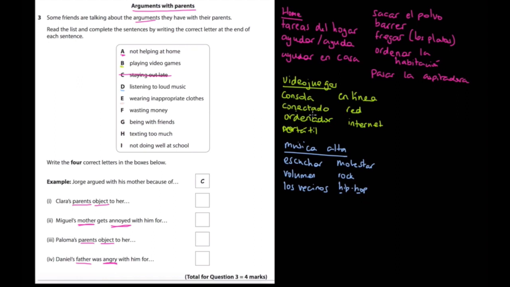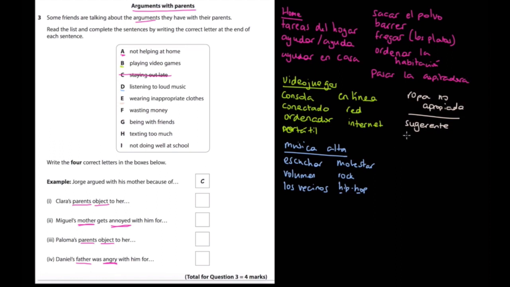How would we say that in Spanish? We might hear the word ropa. We might hear things like no apropiada. Now, inappropriate clothes, why is it? Because it's too revealing. So we could have the word sugerente.